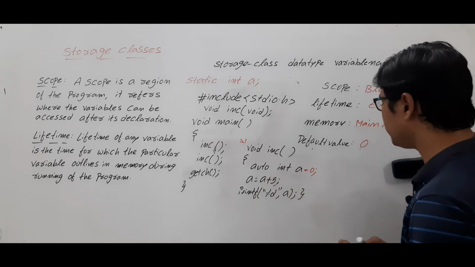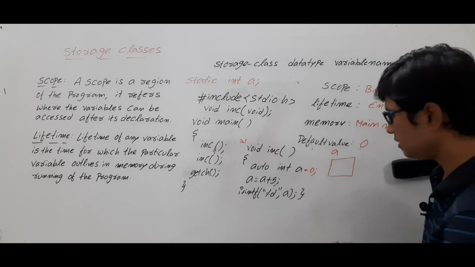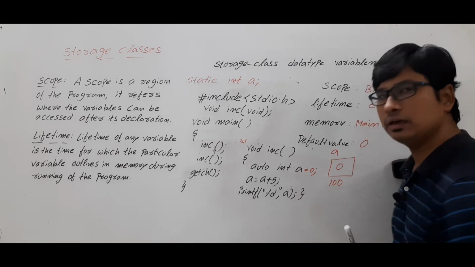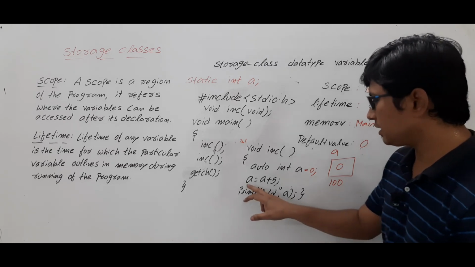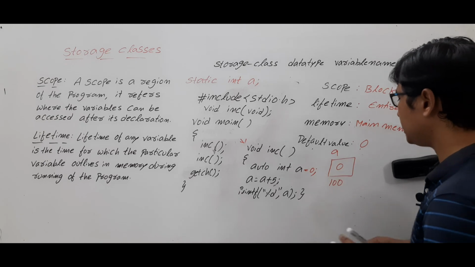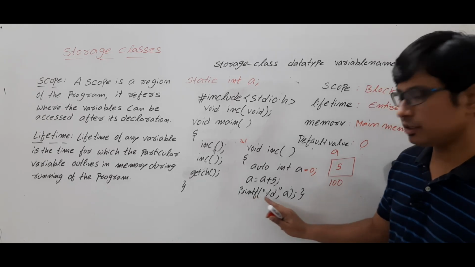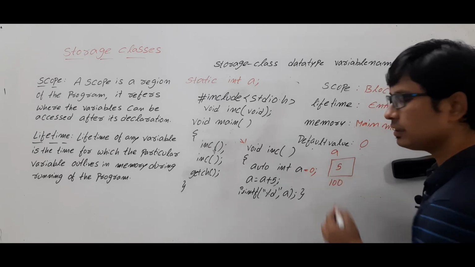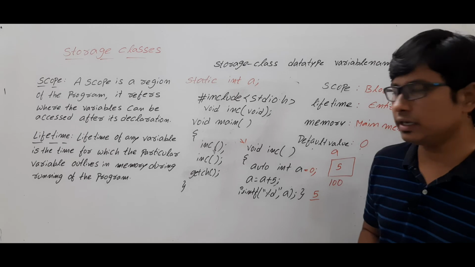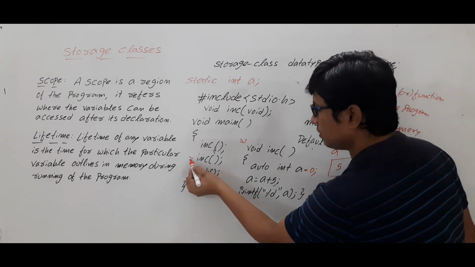You have declared an automatic variable a, and you have initialized the value 0 in some memory location. Then you have written the statement a is equal to a plus 5. So 0 plus 5 will become 5, and printf percentage d a prints whatever the value of a is as output.